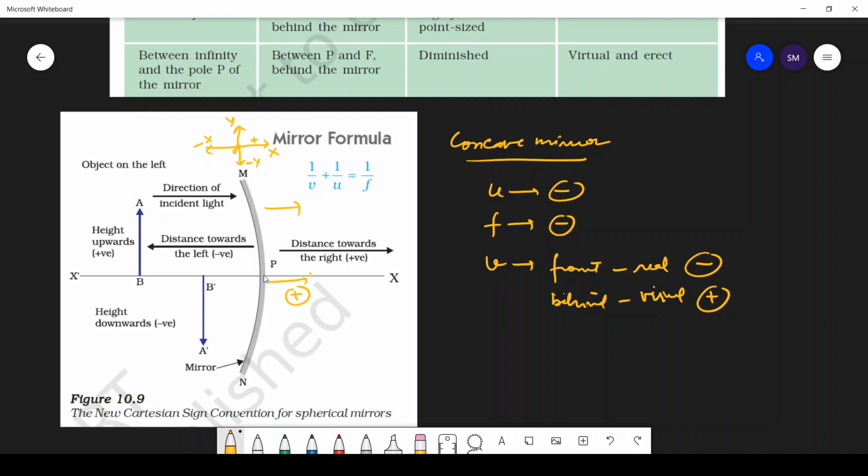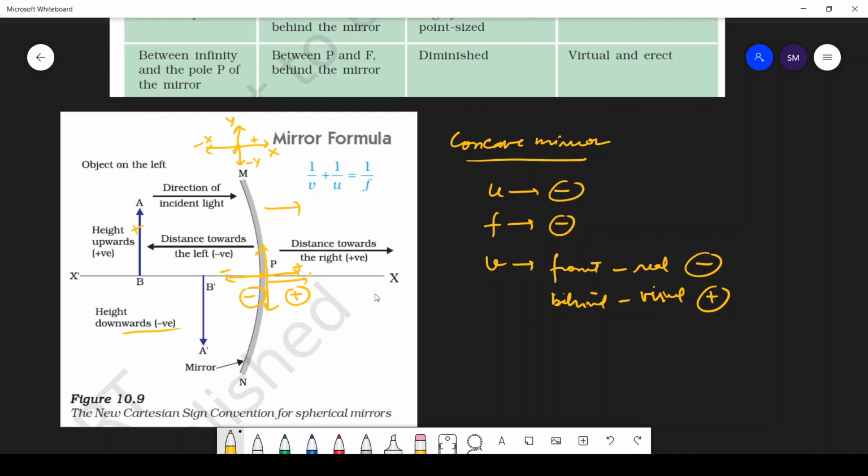So students, at the pole assume this as the negative axis and this as the positive axis, because here the direction of light is this. And upward, if the object is up, then the height is positive, and if it is down, then it will be negative. So students, these are the Cartesian sign conventions for the spherical mirrors.